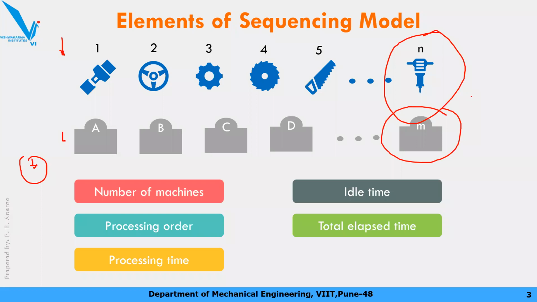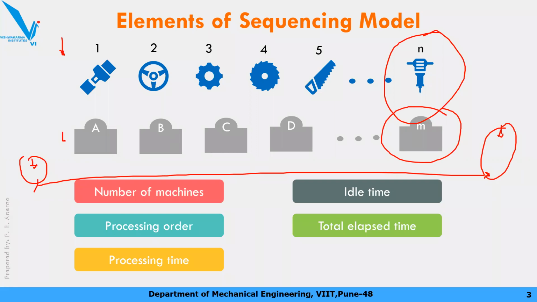At the end of everything, you stop the watch. This period is called the total elapsed time. So the duration from the first job on the first machine to the last job on the last machine is called the total elapsed time.